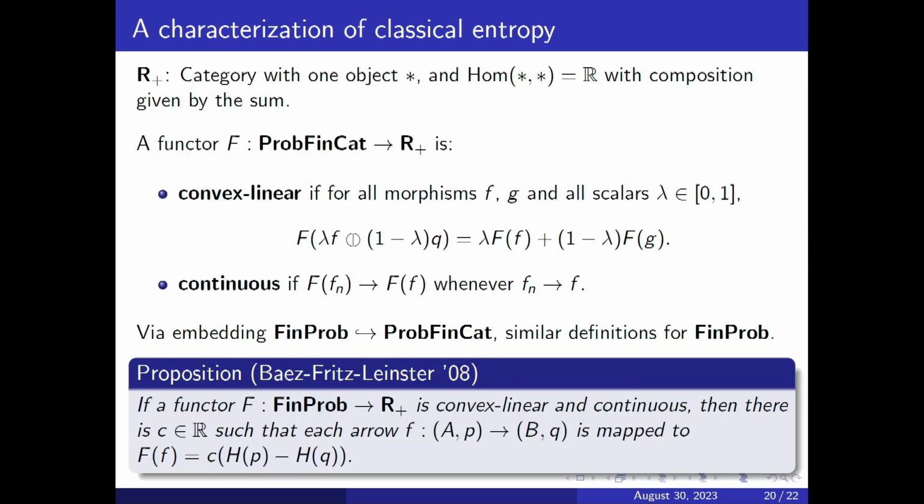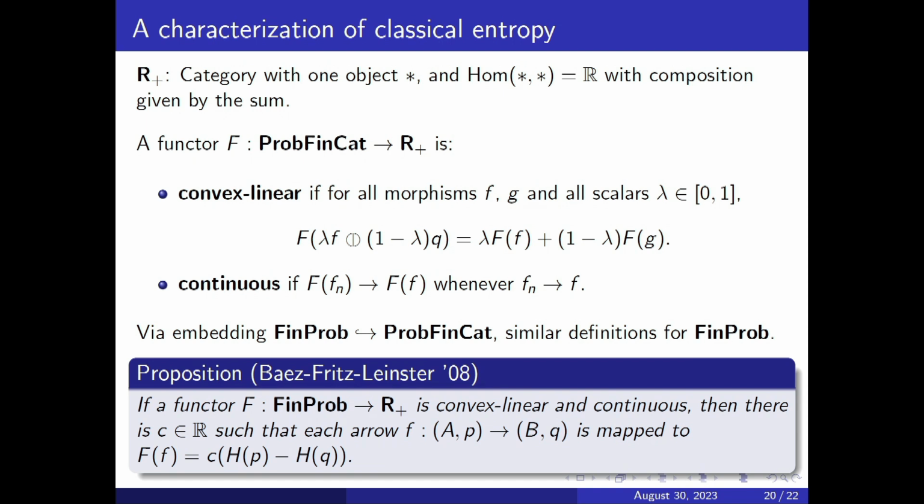And the theorem by Baez, Fritz, and Leinster was that, in fact, the entropy gave you the unique convex, linear, and continuous functor from this category of finite probability spaces to the real numbers, seen as a one-point category with the sum as the composition law.